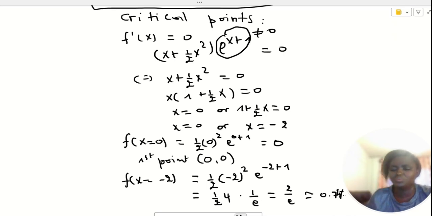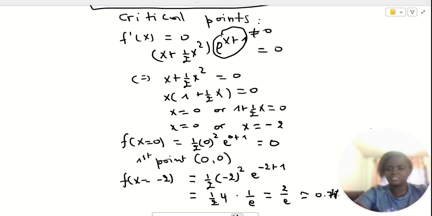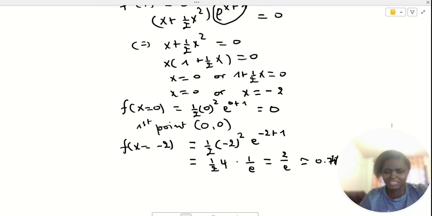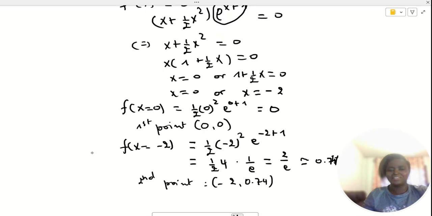You can take a computer and calculate it, but it's approximately that value. So the second critical point is (-2, 0.74), something like this. We are done with the first derivative.